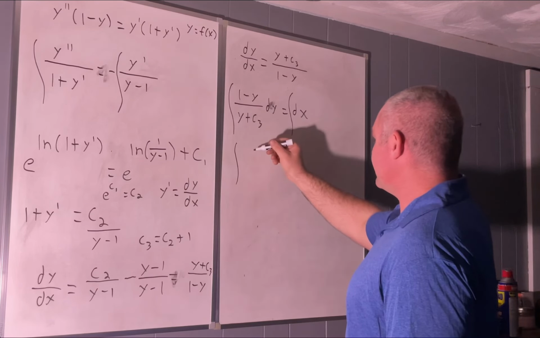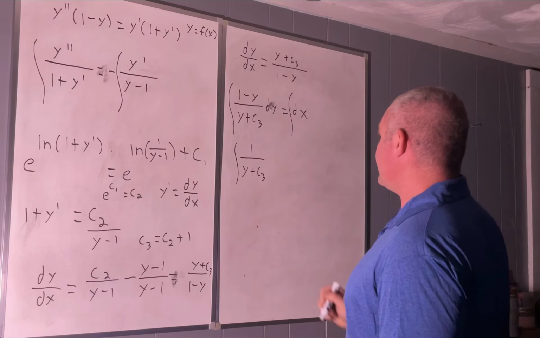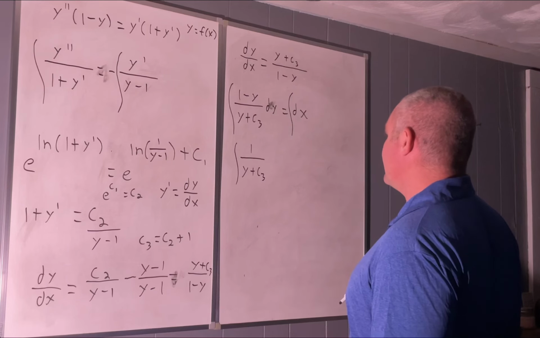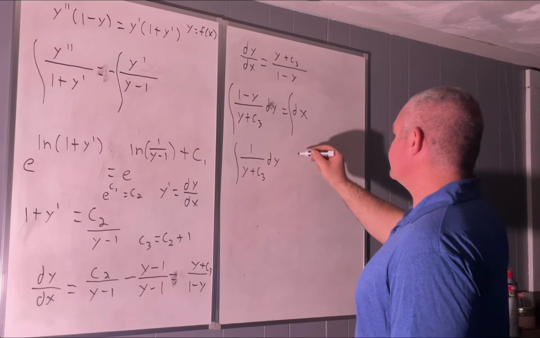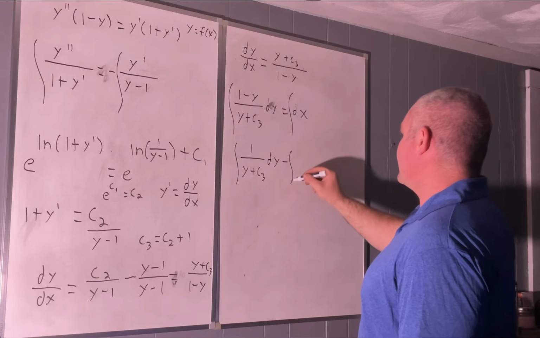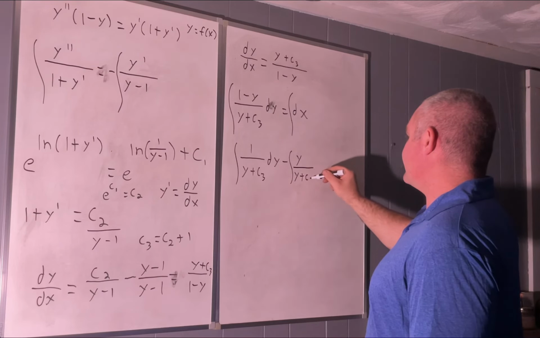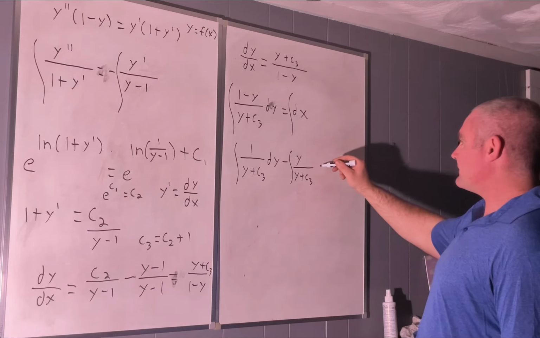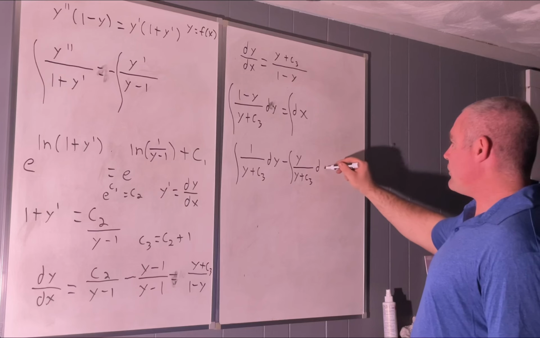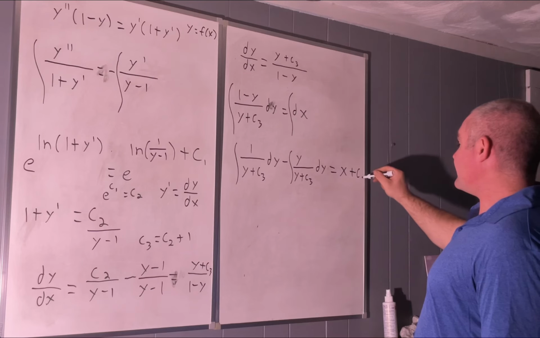That's going to be the integral of 1 over y plus c3 dy minus the integral of y over y plus c3 dy, and this is going to be equal to x plus c4.